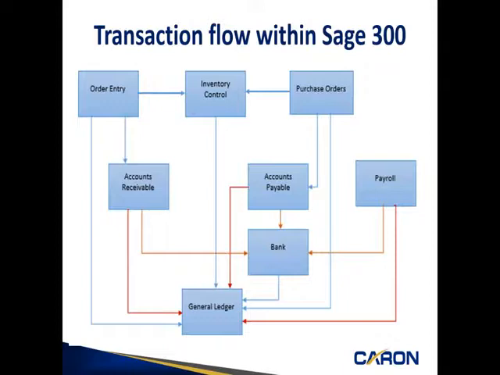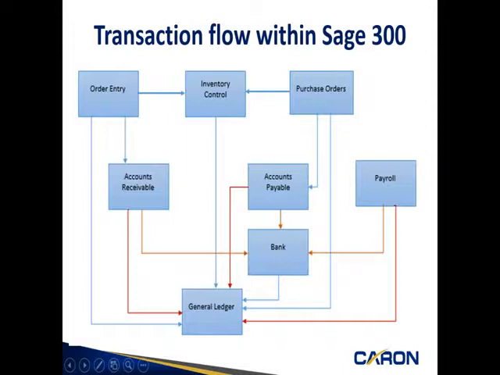As you can see from this diagram, we have, if you want to call it, different layers. The outermost layer is what we call the operation modules: order entry, inventory control, purchase orders. Then we have the financial modules, which are receivables, payables, and I included payroll there also.